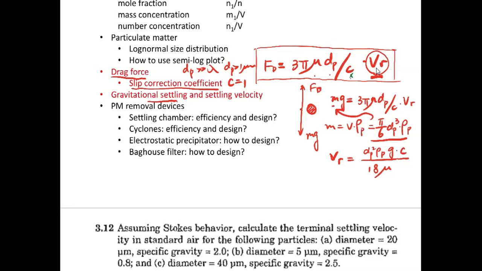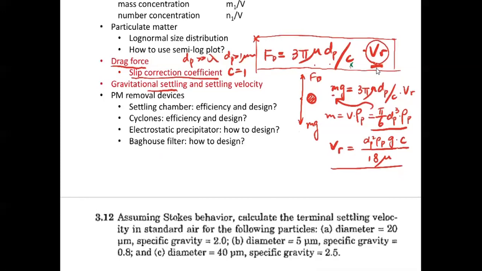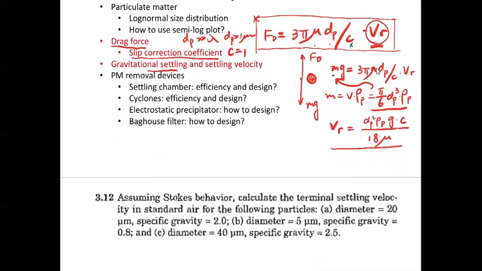You don't have to memorize this equation because you already know the drag force. This is just an equation derivation. This is the settling velocity when we assume that it's in the Stokes regime. With this equation, we can look into these problems. This is also one of your homework problems. Maybe we can spend another minute looking at this problem and think about how we solve this.